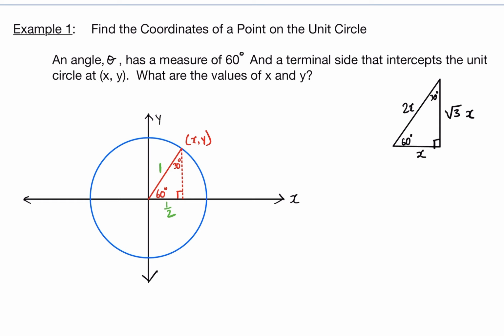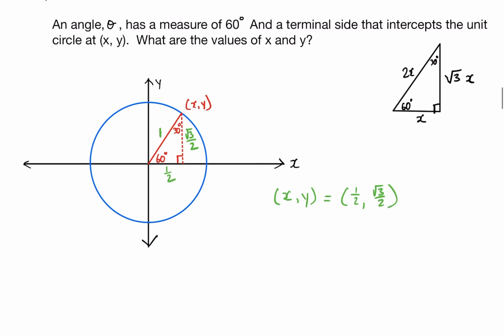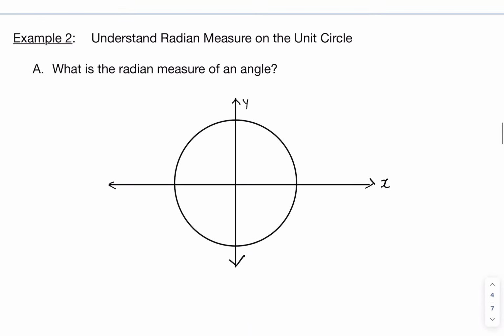And the side opposite the 60 degree angle is square root of 3 times x. So we're going to take square root of 3 times 1/2, and that'll give us square root of 3 halves. Okay? So the values of x and y are as follows. X comma y is going to equal 1/2 comma square root of 3 over 2. Okay? All right, let's move on.